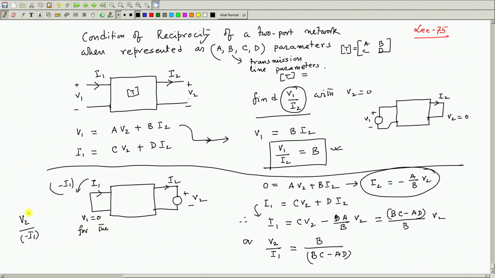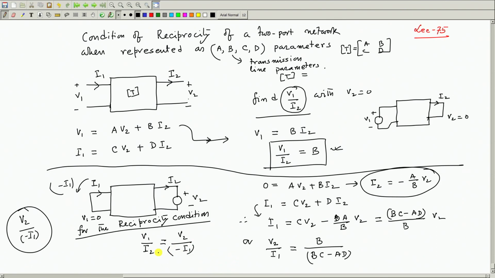For the reciprocity condition, we must demand that V1 by I2 should be equal to V2 by minus I1, that is what I require, which is equal to minus of V2 by I1.